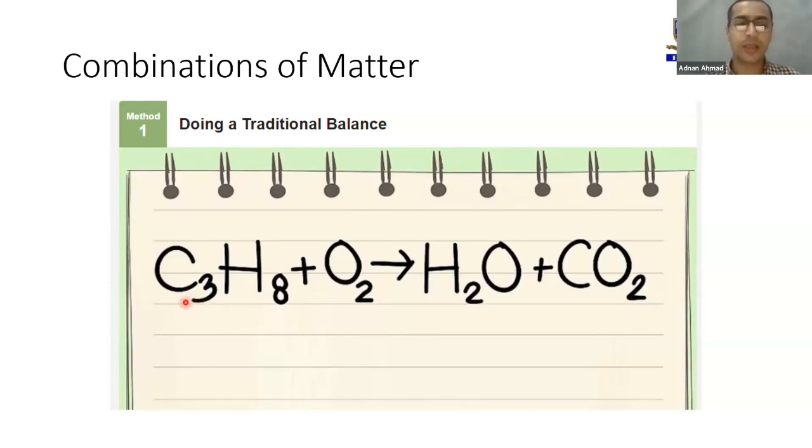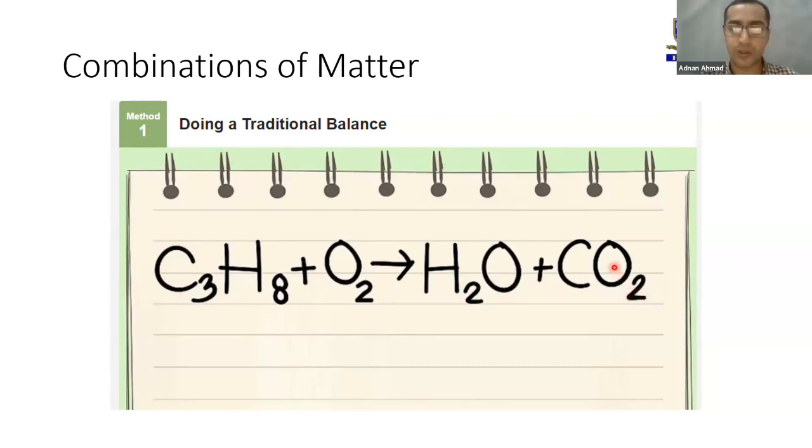Okay, let me tell you. How would you balance a chemical equation? You have to write down how many atoms you have on the left-hand side, right? So we have 3 carbons, 8 hydrogens, and 2 oxygens. You can write it down. And on the right-hand side, we have 2 hydrogens and 3 oxygens.